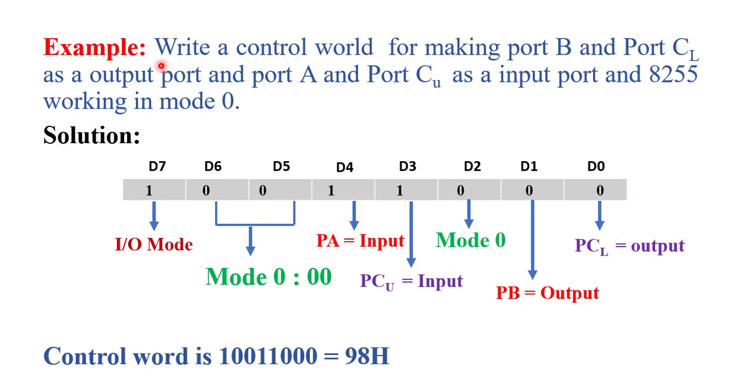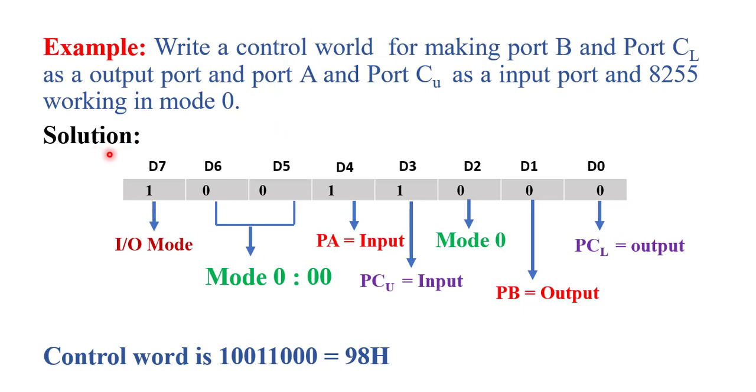The question is, write a control word for making port B and port C lower as output ports and port A and port C upper as input ports and 8255 works in mode 0. Once again, I will read the example. Write a control word for making port B and port C lower as output ports and port A and port C upper as input ports and 8255 works in mode 0.